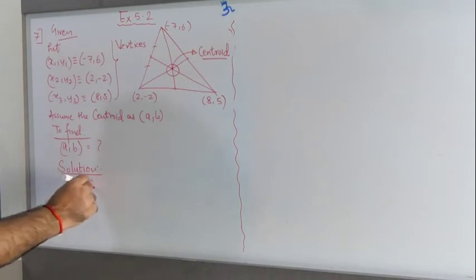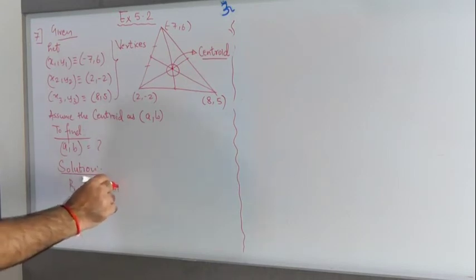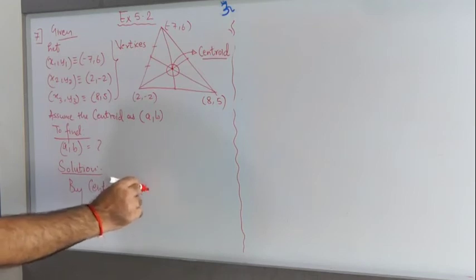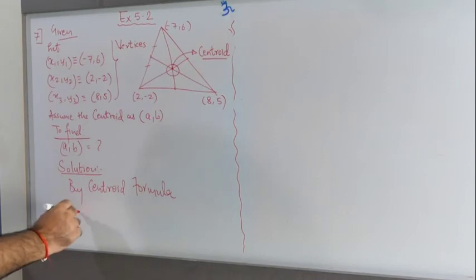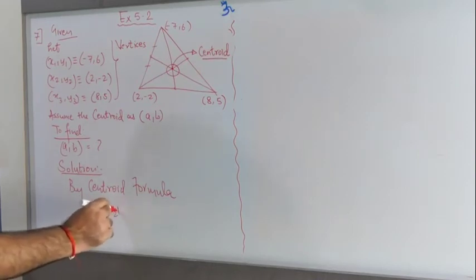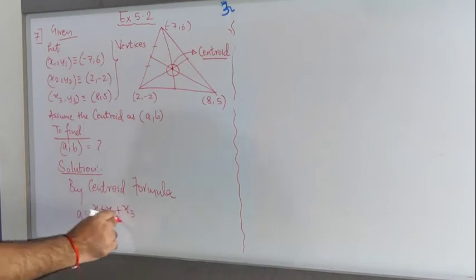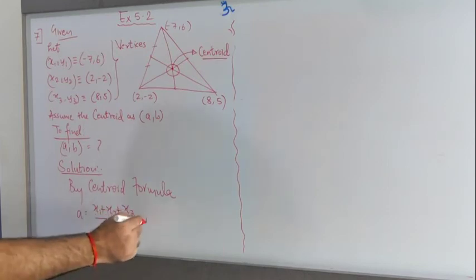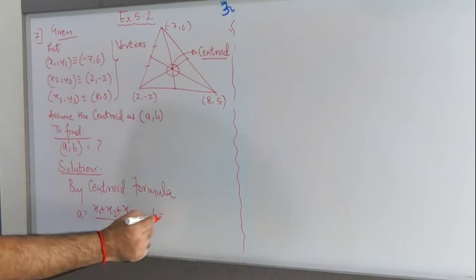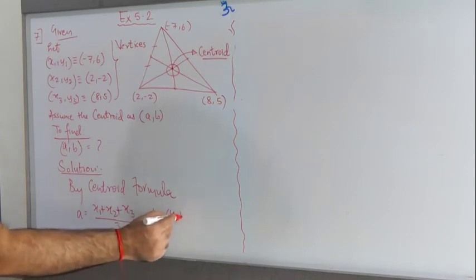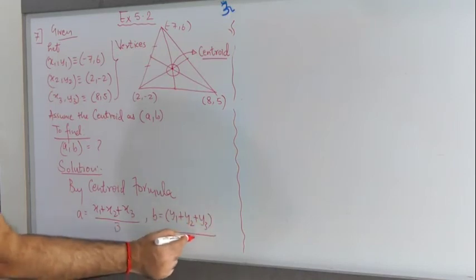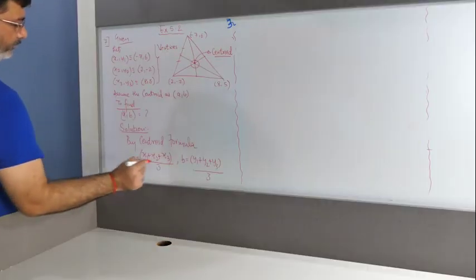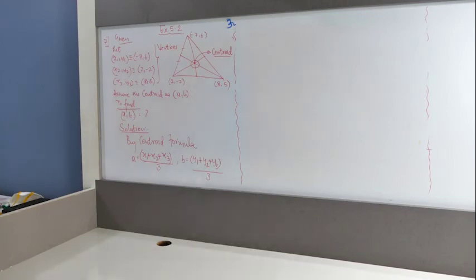So by centroid formula, you have got a is equal to (x1 plus x2 plus x3) whole divided by 3. Similarly, b will be (y1 plus y2 plus y3) the whole divided by 3. Alright? Clear? So this is the formula.